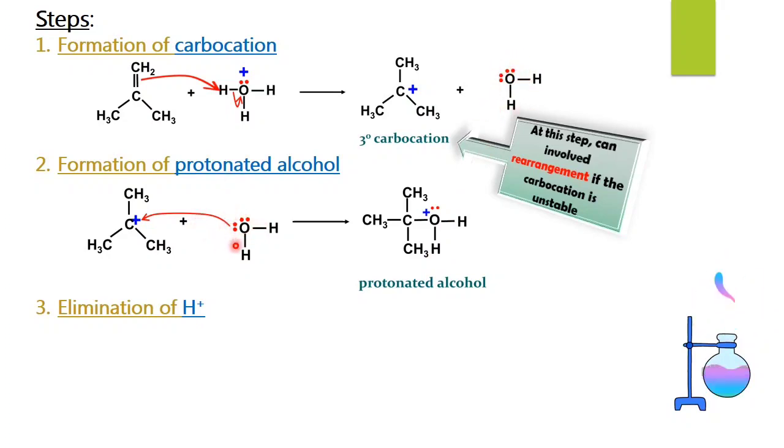As we know, H2O consists of 2 lone pairs, which means this H2O is a nucleophile, an electron-rich species. While we know that carbocation is an electron-deficient species. So who will attack? I already said, the rich must attack the poor. So one of the lone pairs here, do you see? Both electrons of the lone pair will be given to carbon to form a single bond.